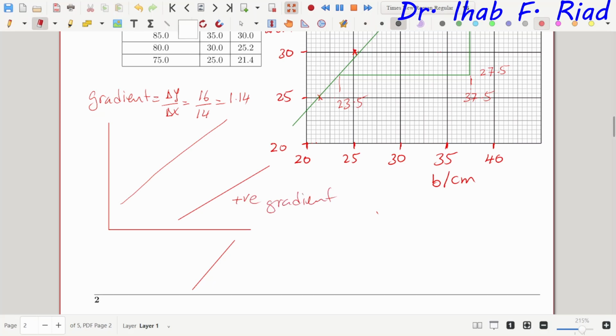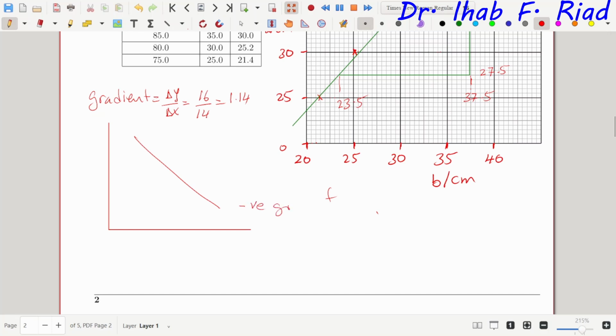If you see a graph plot which looks like this, then this one is a negative gradient. So we are done with example number 1.